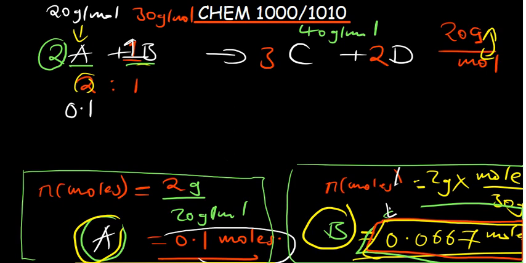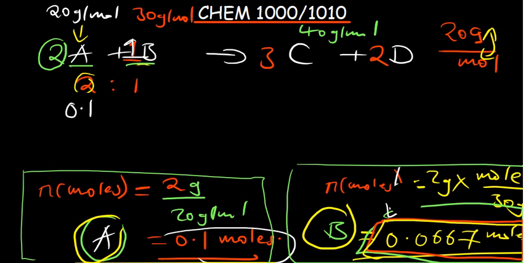Is there any question about that? We use the given information in the question, the molar masses, as well as the actual masses, of which there were 2 grams each. So we just divided by the molar masses to get the number of moles. Is that okay? Okay.